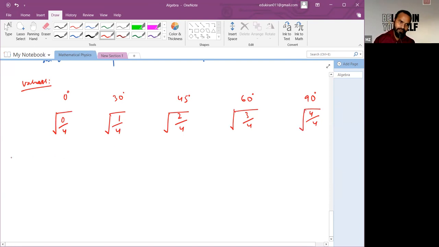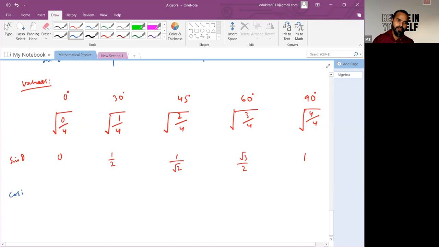This gives you the value for sine theta. First, 0 by 4 is nothing but 0, so sine of 0 degree is 0. 1 by 4 under root becomes 1 by 2. 2 by 4 is 1 by 2, and if you take the square root, it becomes 1 by root 2. Similarly, it becomes root 3 by 2, and then 1.